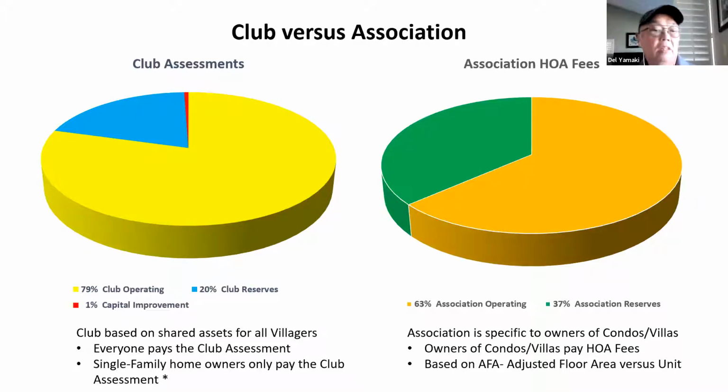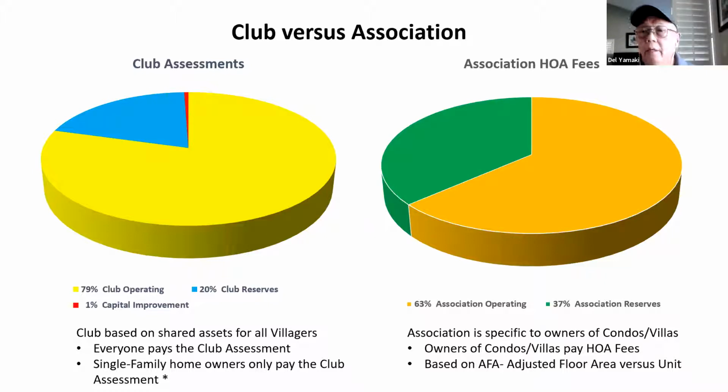So the club assessment has to do with your Comcast and the facilities like the Kribari Plaza, the clubhouse, and golfing. The club assessments are broken up into three parts: the club operating, club reserves, and capital improvement. As I mentioned, everyone pays the club assessment, and single family homeowners only pay the club assessment.